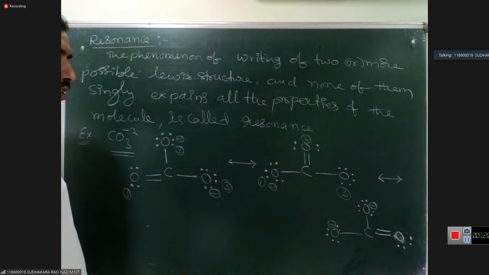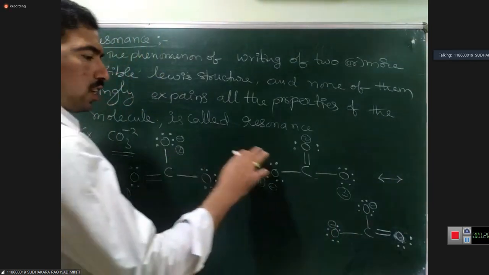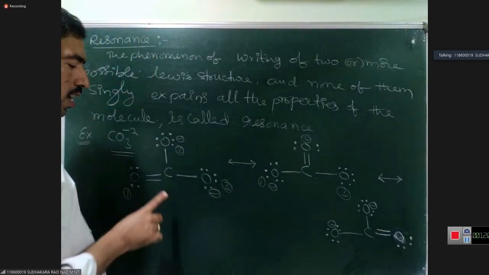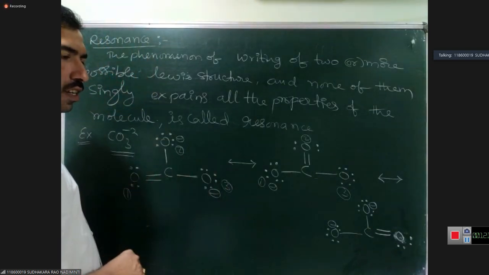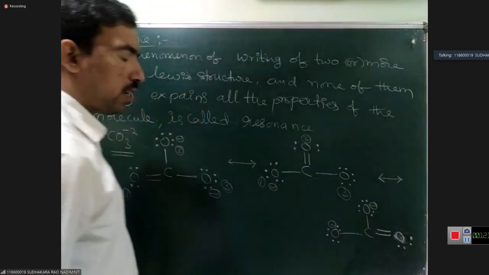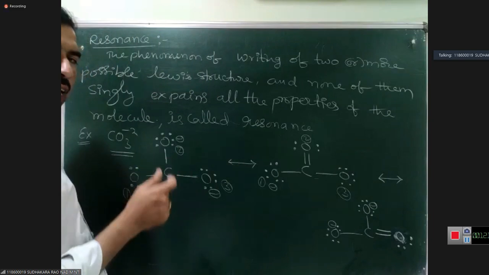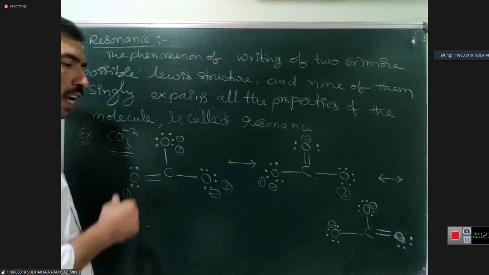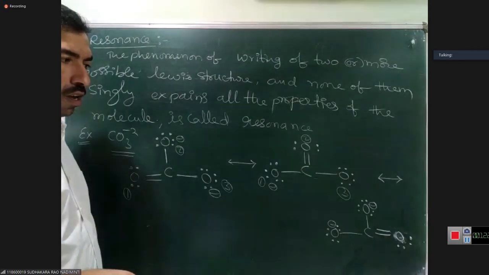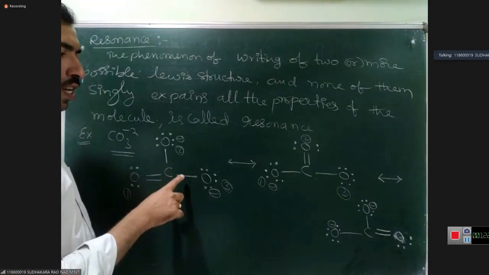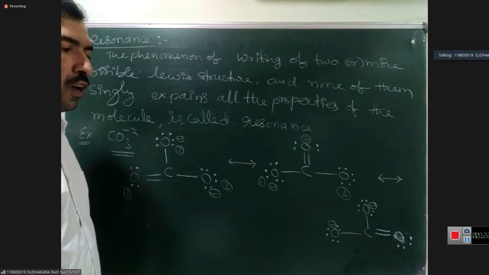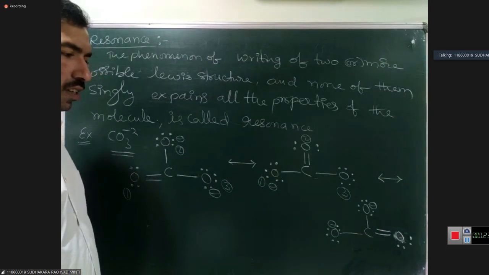Now none of these structures individually explains all the properties. 100% this one is not correct, this one is not correct, this one is also not correct. It means none of them singly can explain all the properties of the molecule. So these are all called what? Contributory structures, also called resonance structures, also called canonical structures.